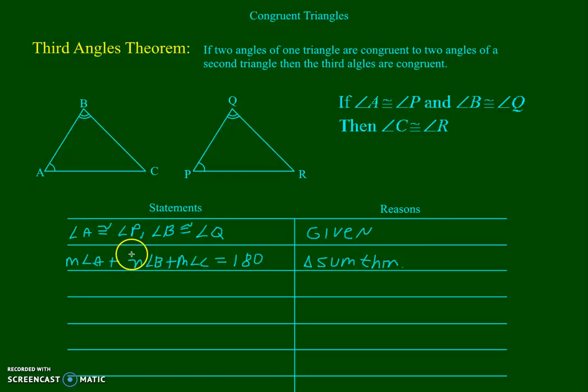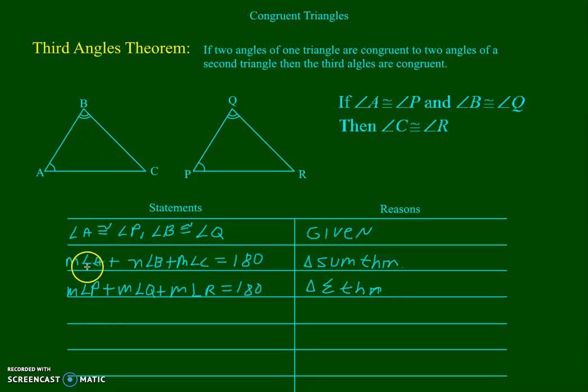And the same thing is going to be true of these. So we know that the measure of angle P plus the measure of angle Q plus the measure of angle R equals 180. And it's the same thing, triangle sum.